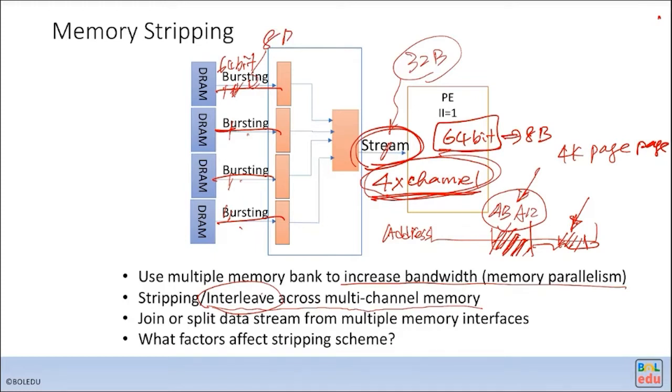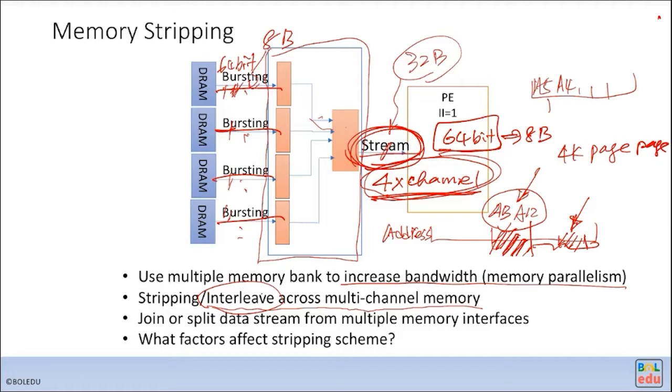So how do you do the interleaving? Then you will use the address A4, A5 to interleave these 4 channels, so that you can aggregate the memory channel bandwidth to satisfy the streaming throughput. For this you implement a scheme that internally you can decouple these two.